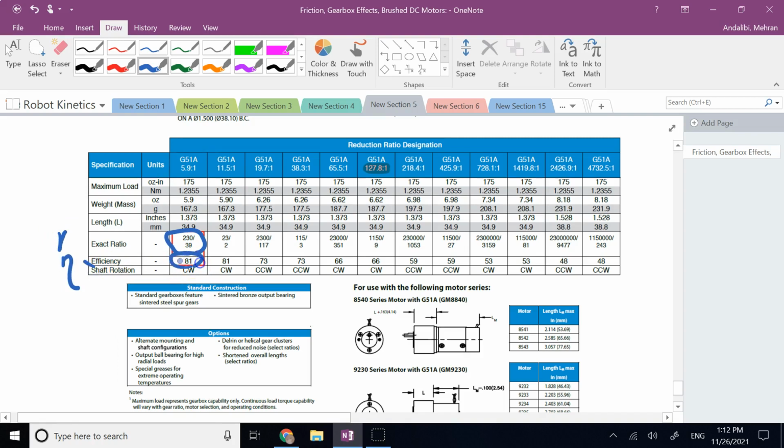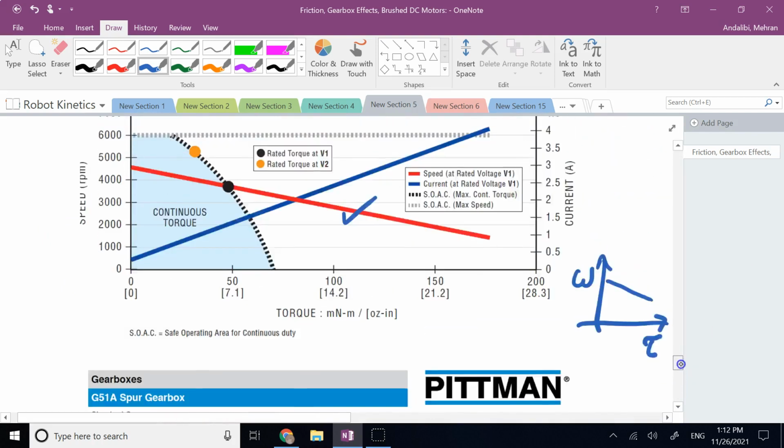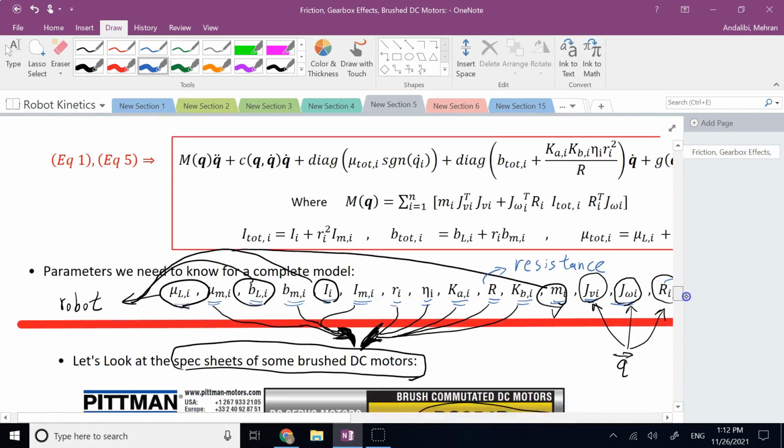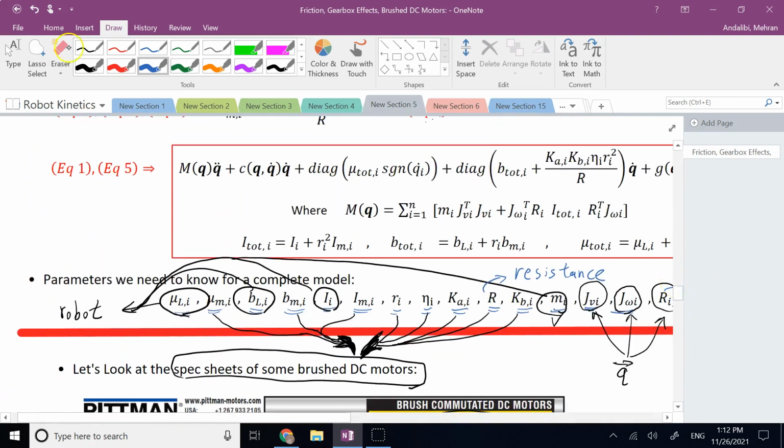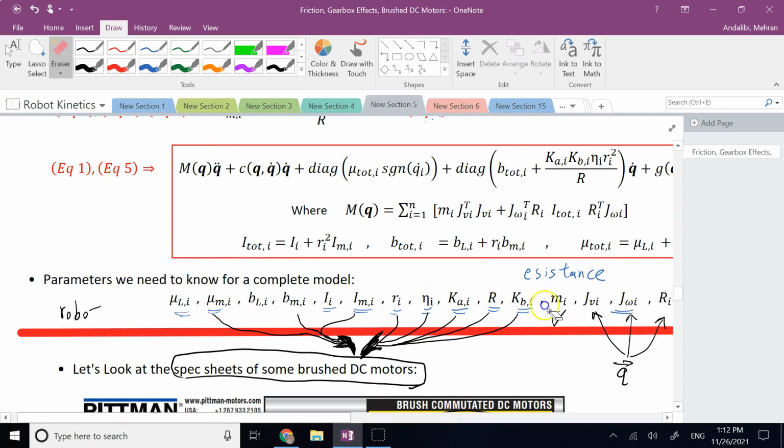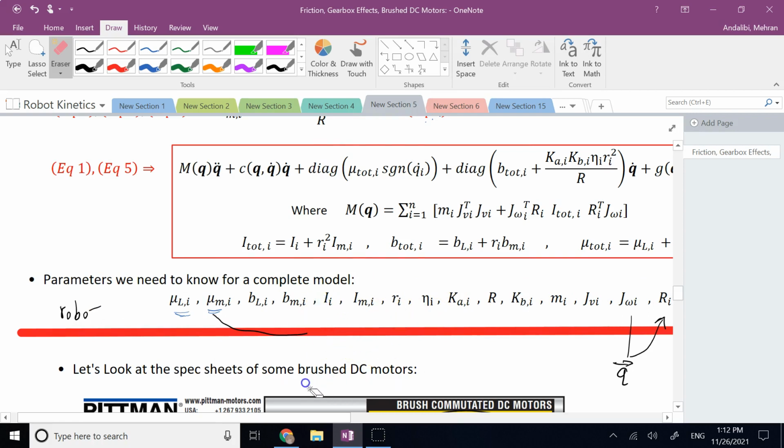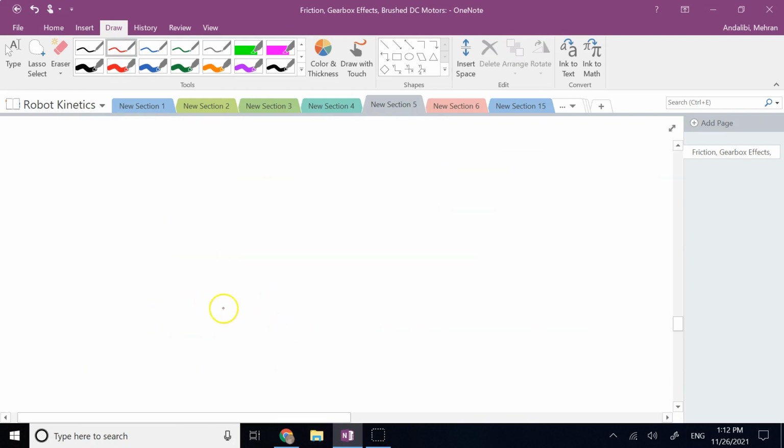Okay, so you see most of these parameters that you wanted in the equations that we mentioned are all, or mostly, given to you, correct? So if I go back here, which one of these did you see in the spec sheet? If we want to recapitulate before we finish up the video, this data sheet gave you mu, or mu of m actually.